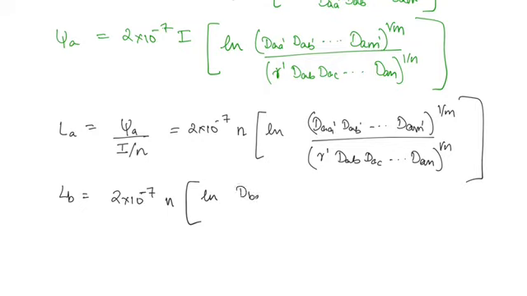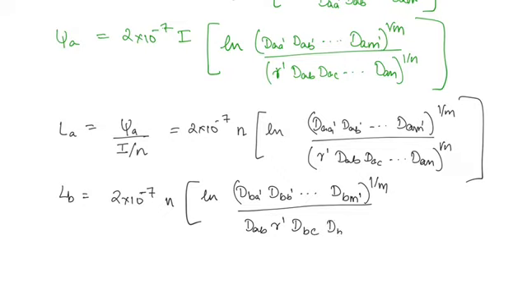Ln dBA dash dBB dash and so on till dBm dash, this is to the power 1 by m divided by dAB, here you are going to get r dash, and then again dBC, dBD and so on till dBn. This is to the power 1 by n. So in that way you are going to get different values of inductances for different filaments.